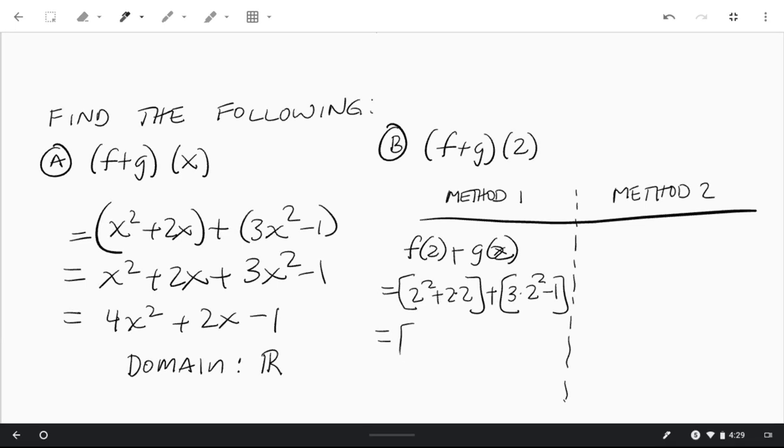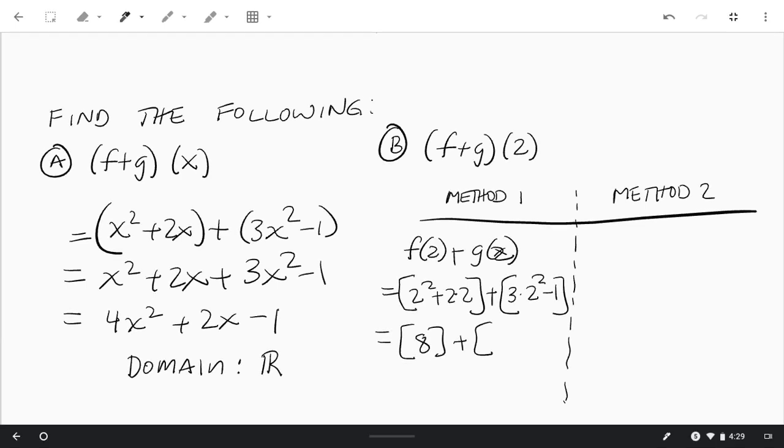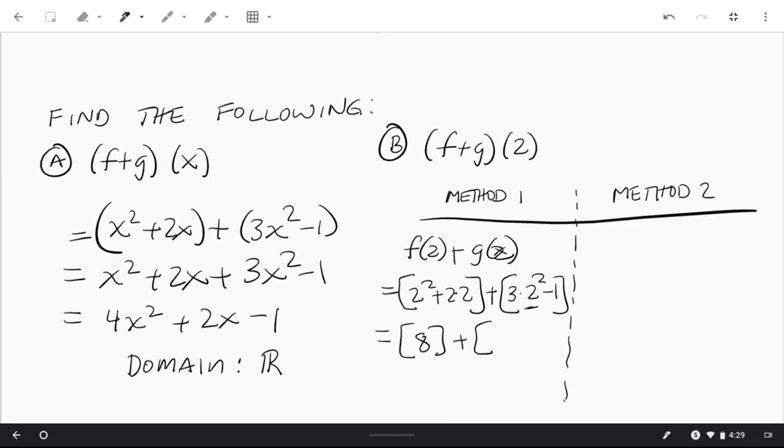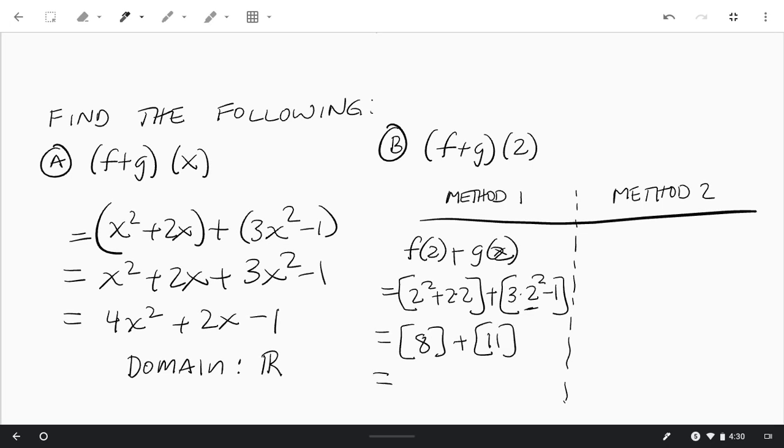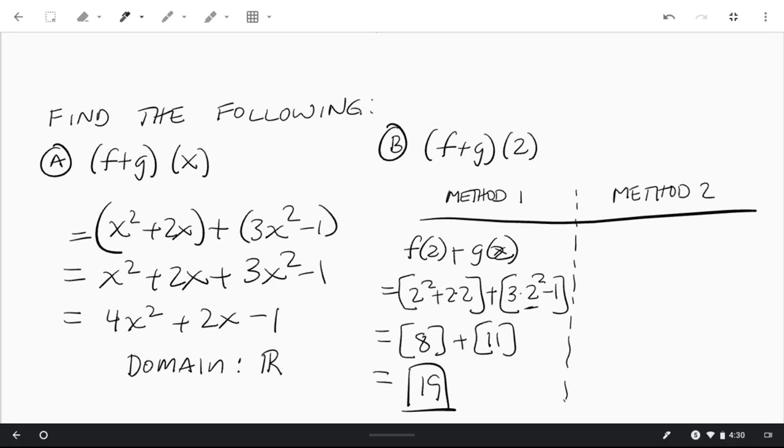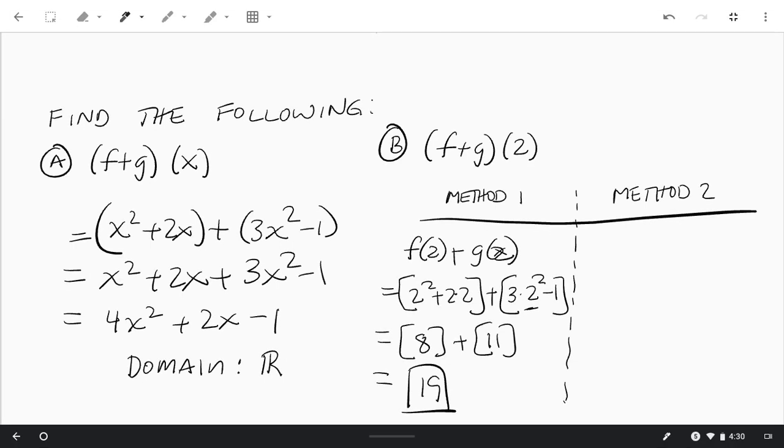And here you have to do the exponent first, so 2 squared is 4, times 3 is 12, minus 1 is 11. So here we get 19. That's method 1: evaluating f, evaluating g, and then adding the two results together.